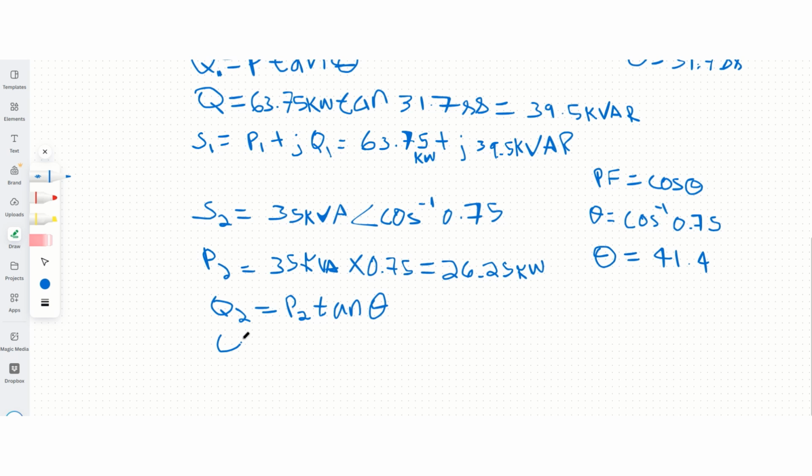Now we can plug in the numbers. The reactive power equals 26.25 kilowatts times the tangent of your angle. That will equal 23.1 kVAR.